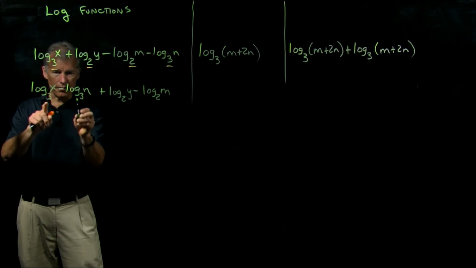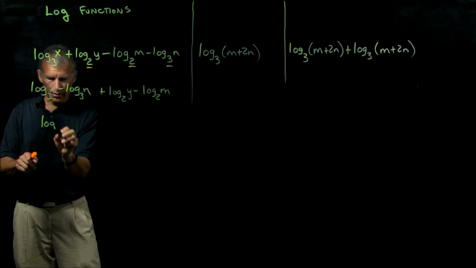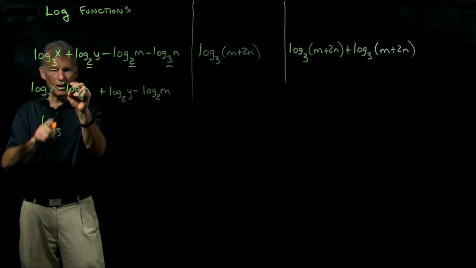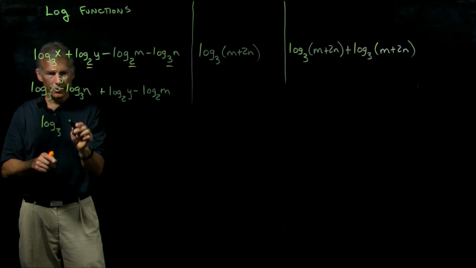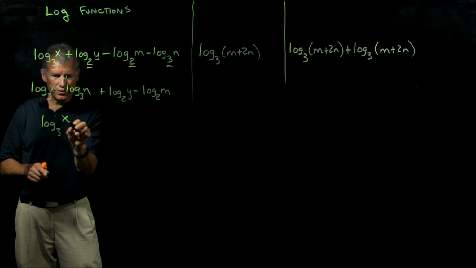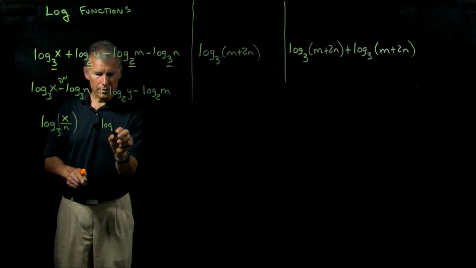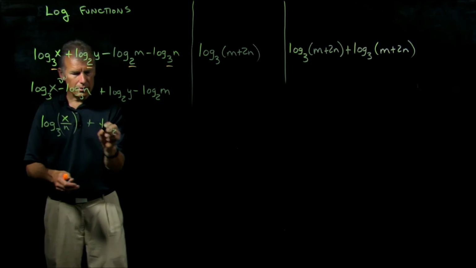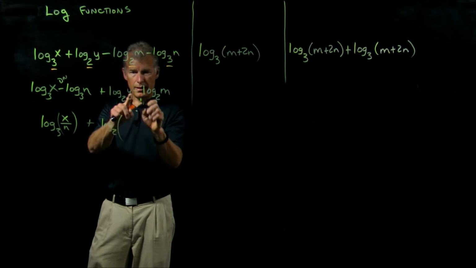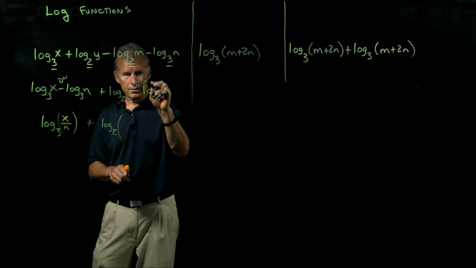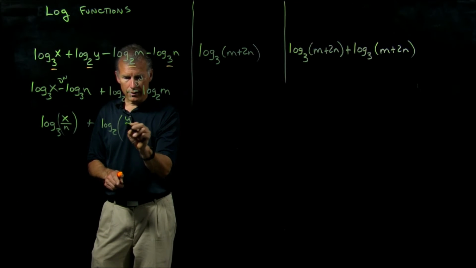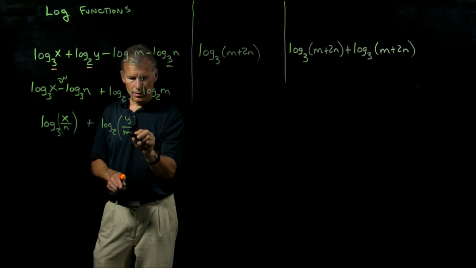All right, now I can rewrite this as log base 3, and that subtraction means to divide. So this is going to be simply x divided by n. And here I have log base 2. And again, this is divide. So this will be y divided by m.